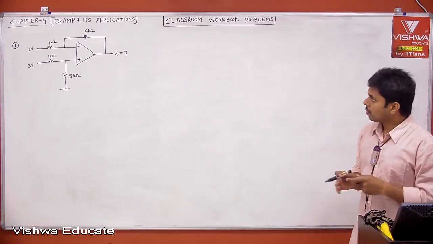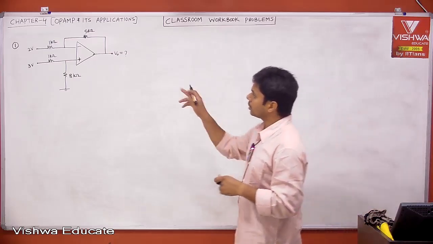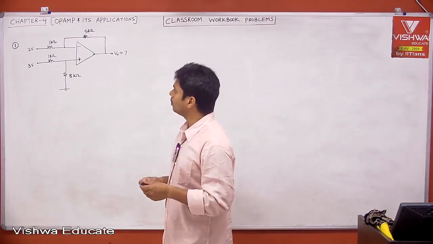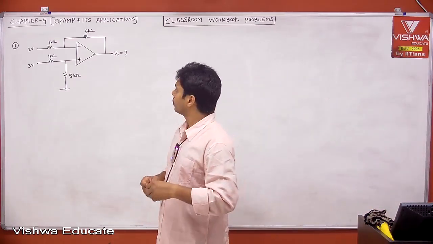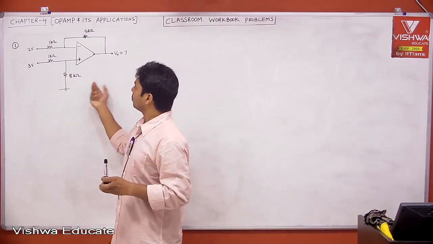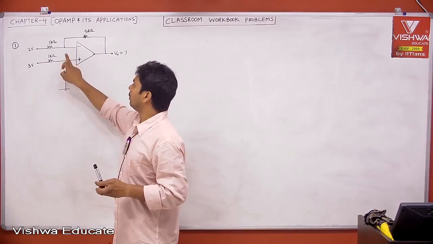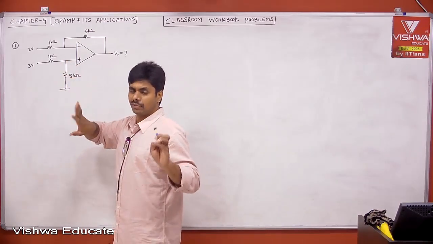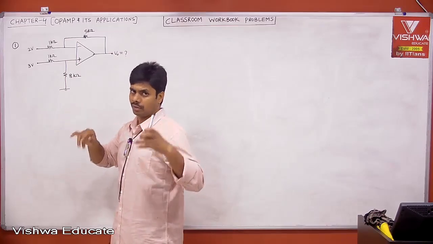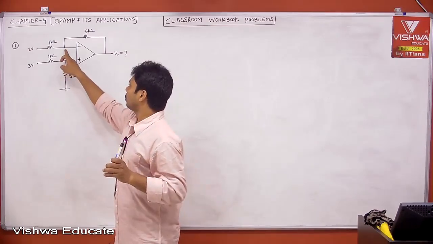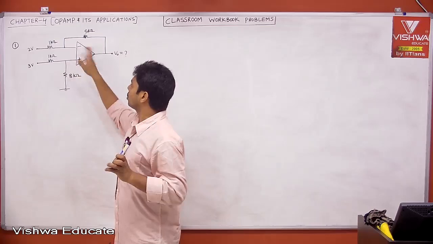Now, according to our procedure, is it negative feedback problem or positive feedback problem? Negative feedback problem. Then apply virtual current concept. Because we don't know the voltages, you call it as VA, your own wish. VX, VY, VZ, V1, your wish. VA, apply nodal analysis here, try to solve, you'll get the answer.